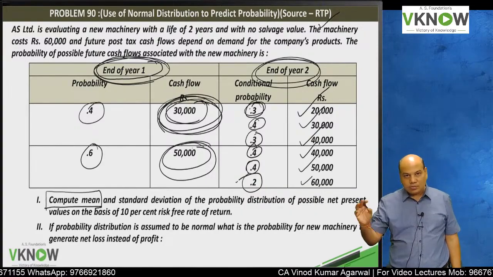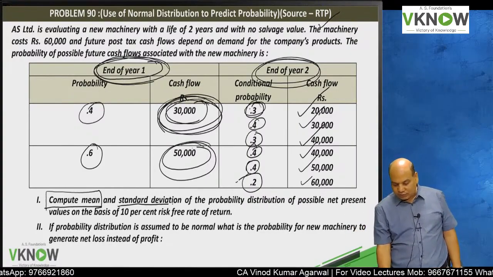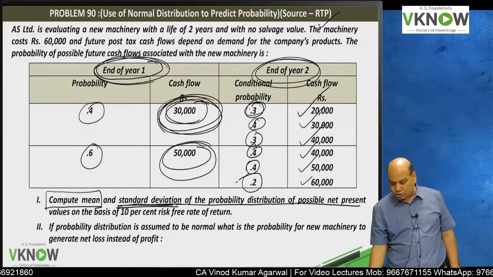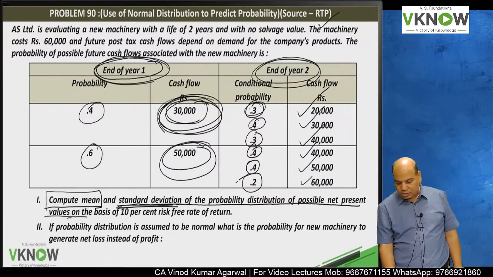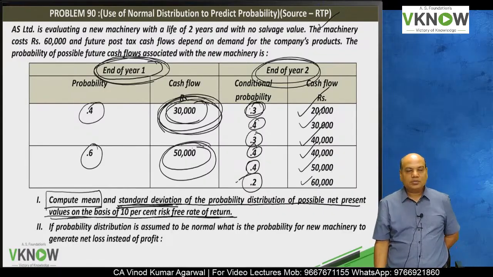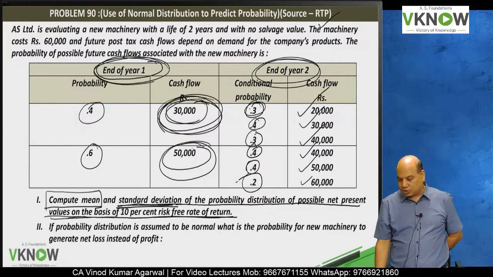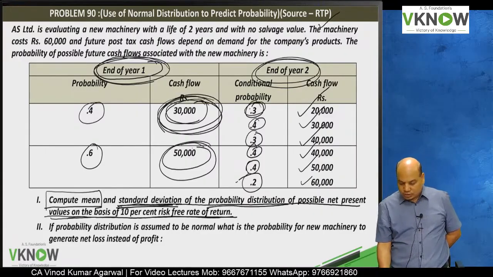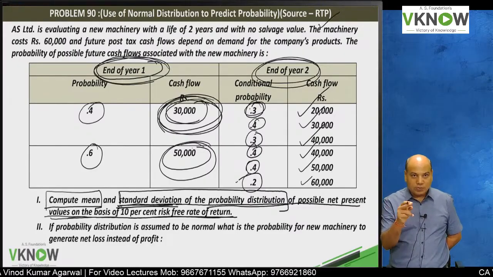Mean NPV means we have to find out expected NPV, and standard deviation of the probability distribution of the possible NPV on the basis of 10% risk-free rate. You have to also find out the standard deviation of the probability distribution. This is new, it was not done in the earlier problem.